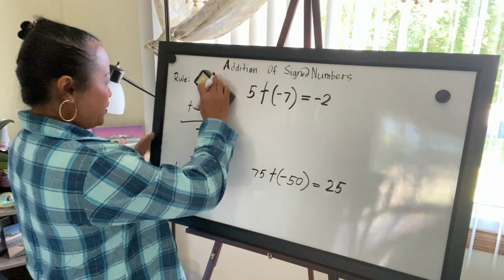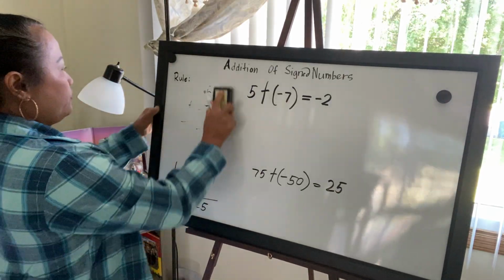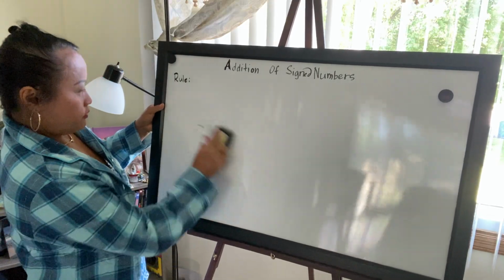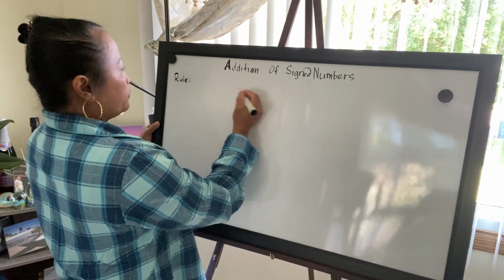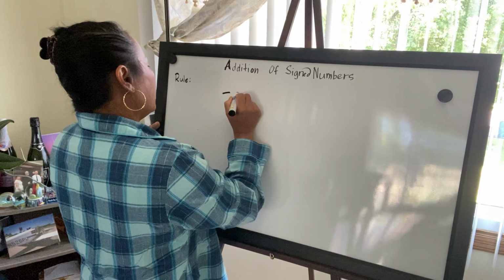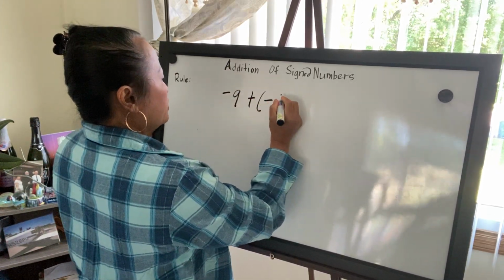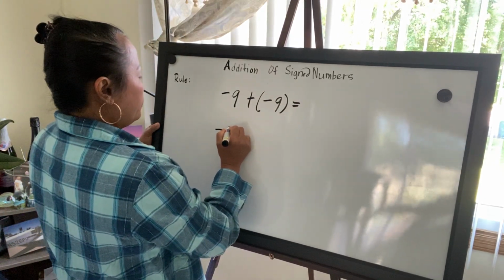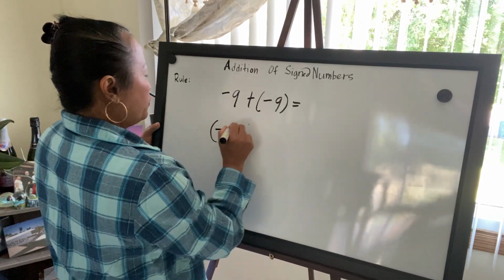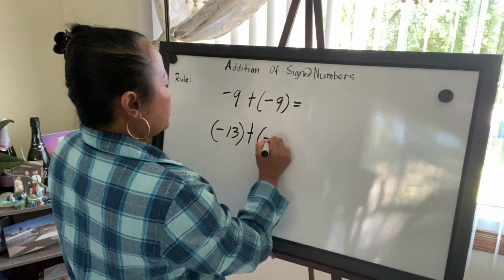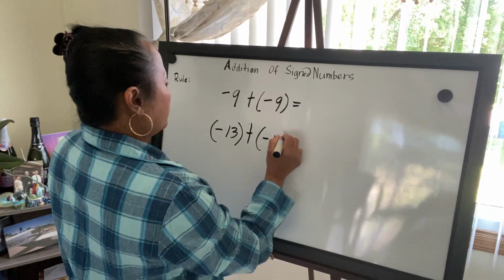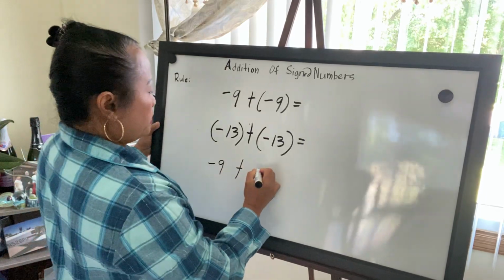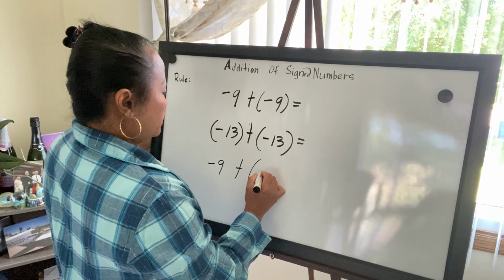Okay? So another example. Negative 9 plus negative 9, negative 13 plus negative 13, and negative 9 plus positive 7.